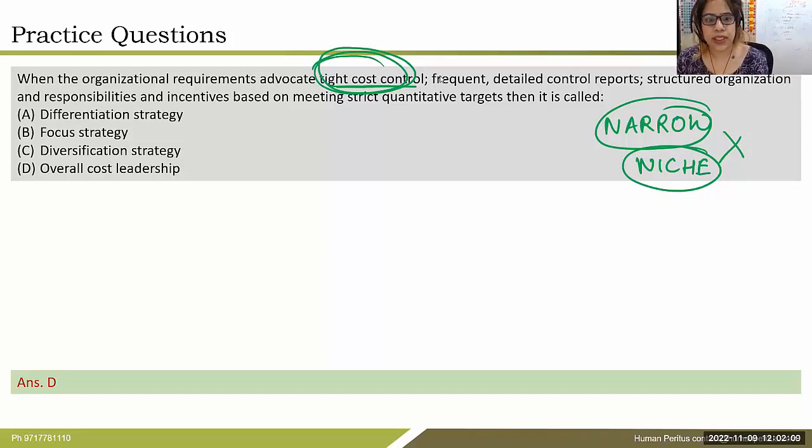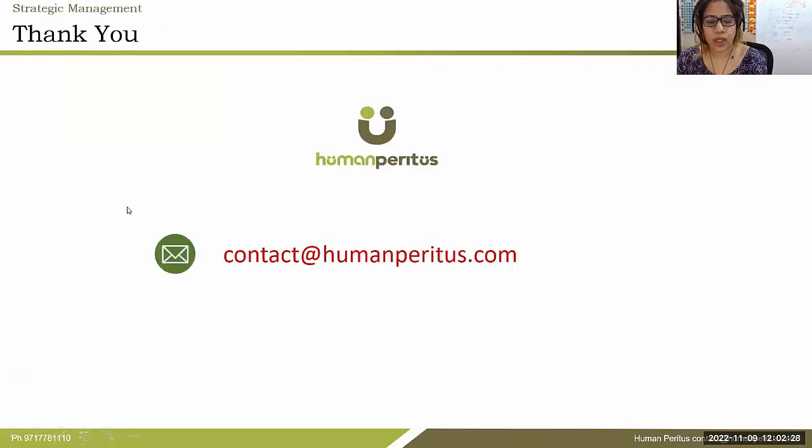Had it been that we are focusing on a narrow segment, a niche market, then the option could be focus strategy. Here the answer is so simple. We are only talking about cost control, which means overall cost leadership. All right. This was all for Porter's generic strategy.